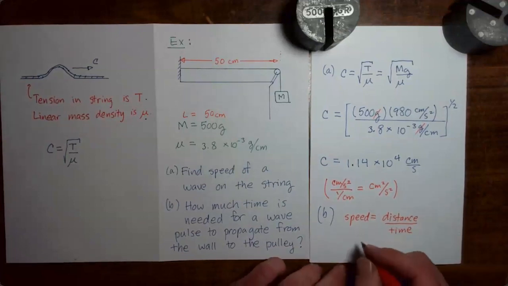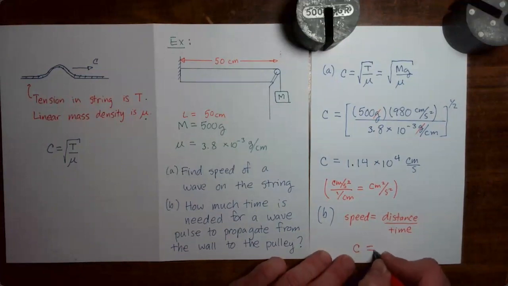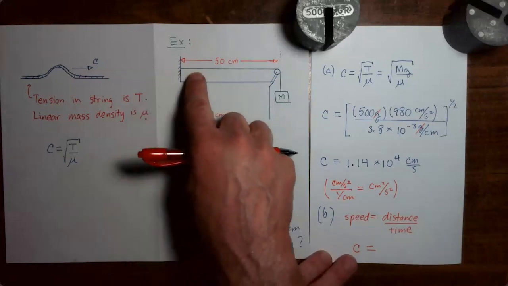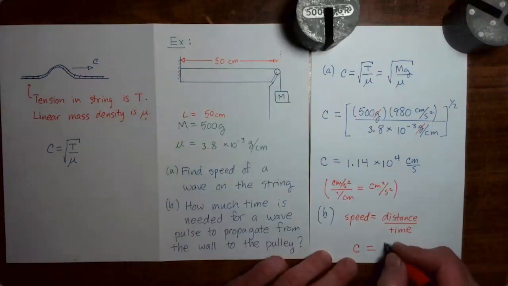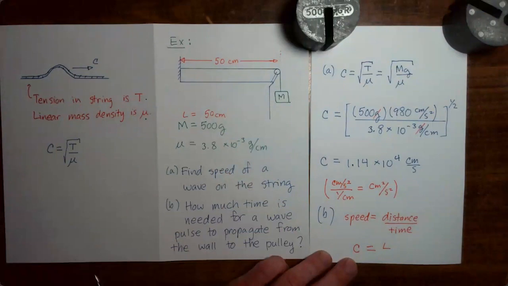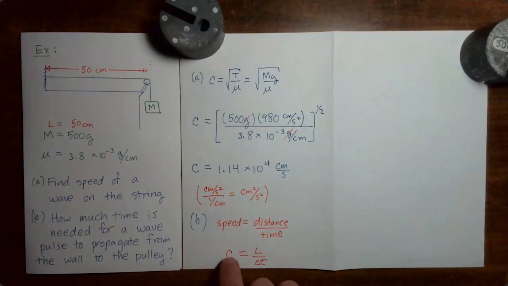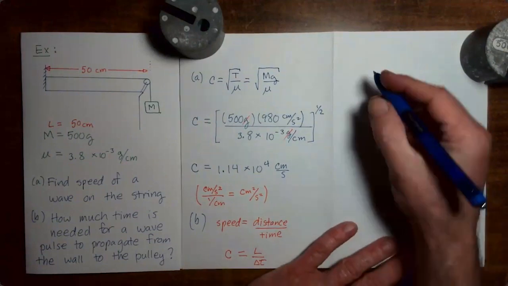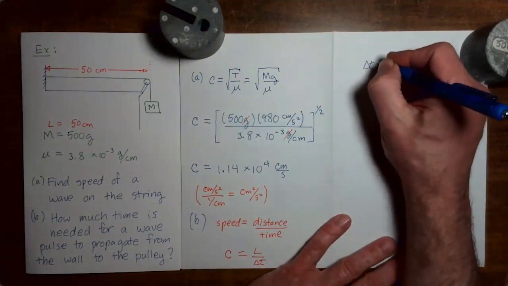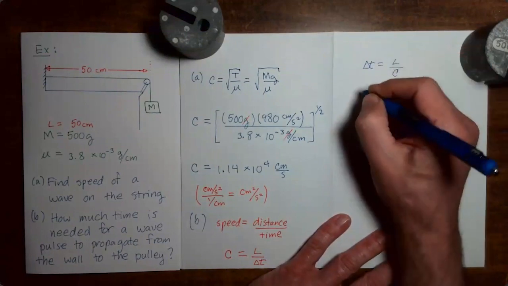In this problem, the speed we're talking about is the wave speed, which we're calling lowercase c. The distance that the signal has to propagate, we're calling capital L for 50 centimeters. And let's call the time that it takes to travel that distance delta t. So rearranging this a bit, let's bring delta t up to the numerator, bring c down to the denominator. We then get delta t equals L over c.